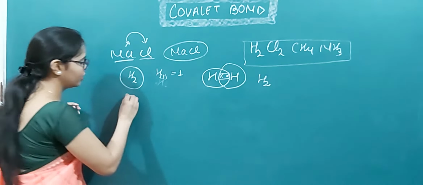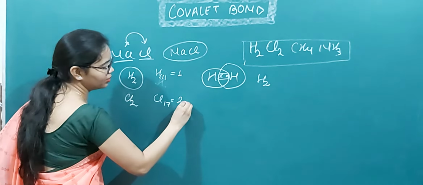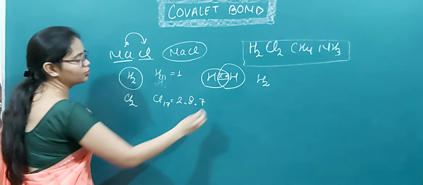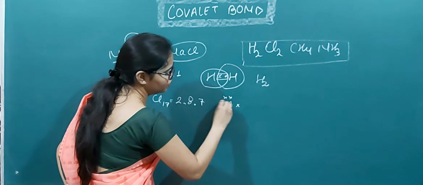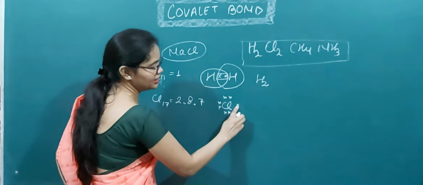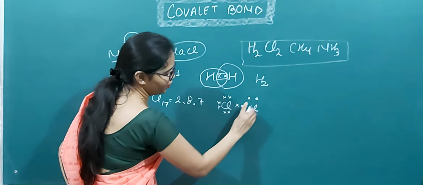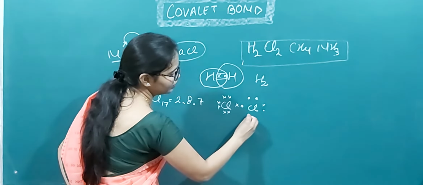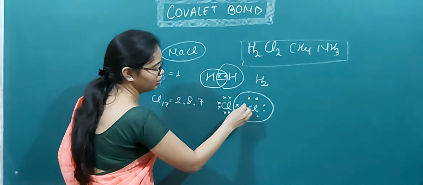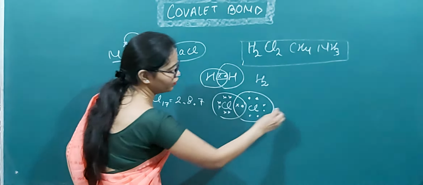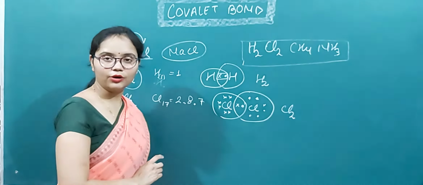Now for the chlorine atom, as we know, chlorine has 17 electrons, meaning the outermost shell has 7 electrons. So for chlorine 1, 2, 3, 4, 5, 6 and 7. Now suppose for the other atom 1, 2, 3, 4, 5, 6, 7. Again both chlorine atoms will share one electron and they will form a chlorine molecule after sharing one pair of electrons.